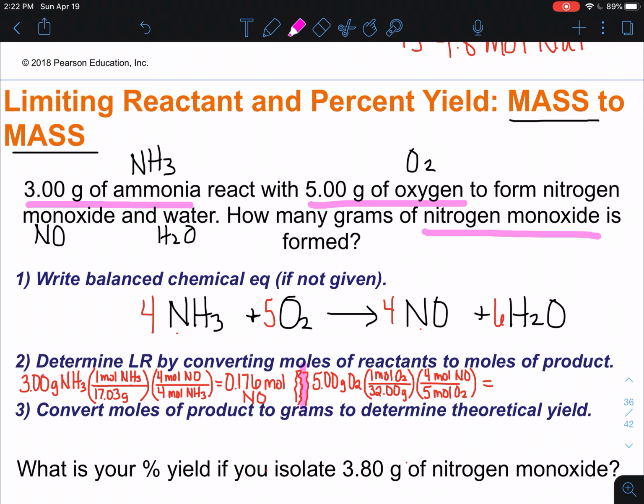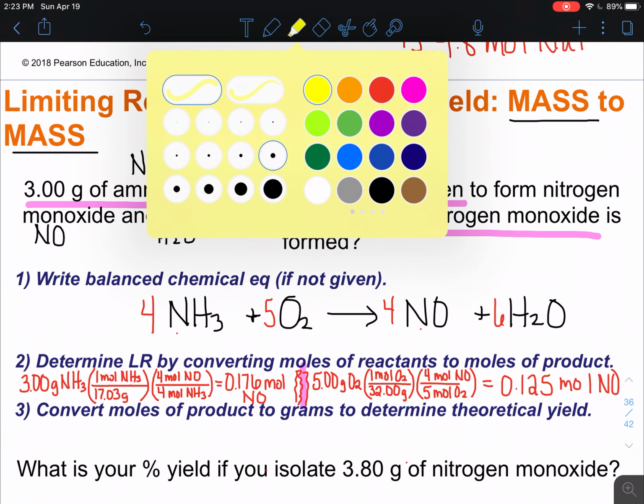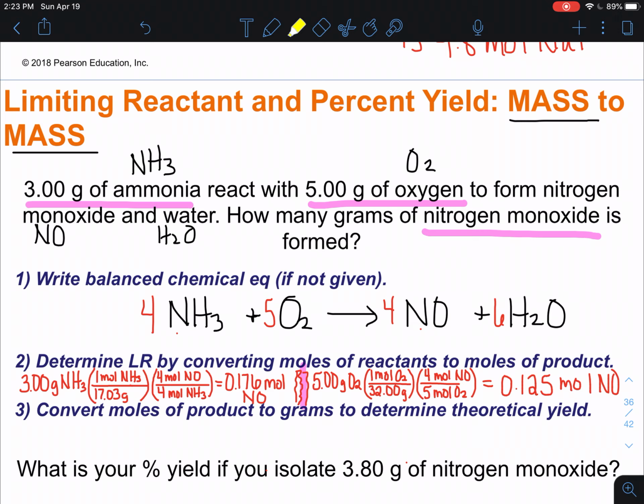Okay, so 5.00 multiplied by 1 over 32.00, multiplied by 4 over 5, and that gives us 0.125 mole NO. So, which one is the least amount? 0.176 or 0.125? 0.125 is the least amount.